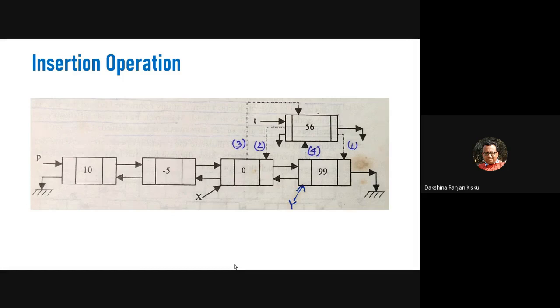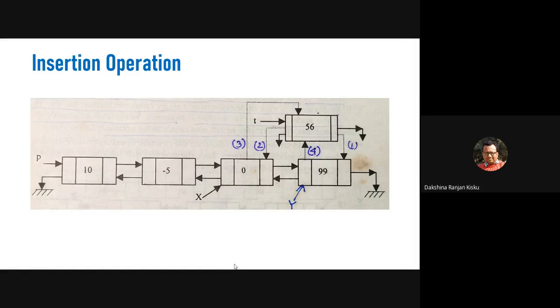And the fourth pointer to be updated is x right left equals to t. x right means the pointer of the preceding node, and x right left means the left pointer of the last node. That means the left pointer of the last node is referred by x right left.